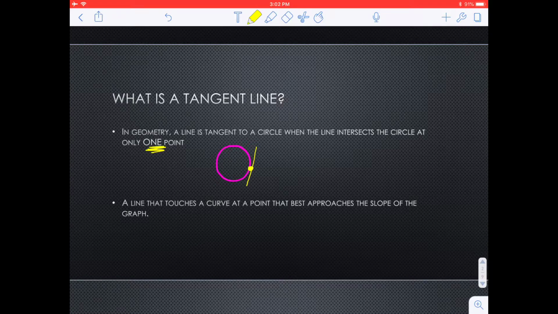If I imagine something that resembles a quadratic function, or some random graph, or an exponential function, the idea is I want to identify any point on that graph and draw a line through it, and that is my tangent line. If I can find the slope of that line, then it is going to best tell me about the slope of the entire graph.